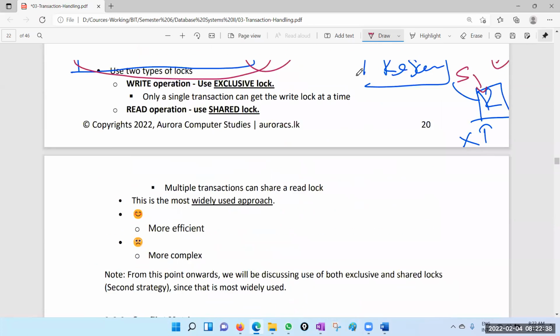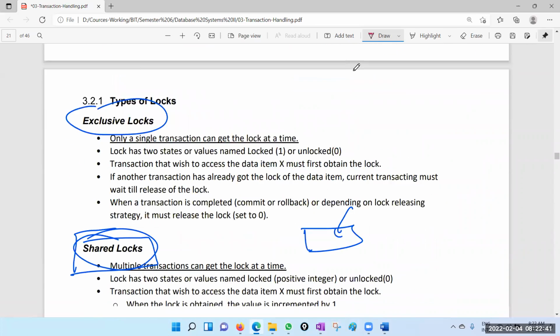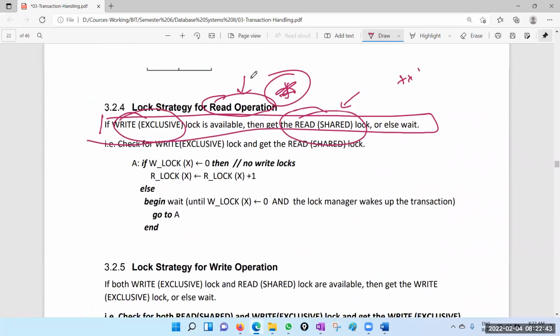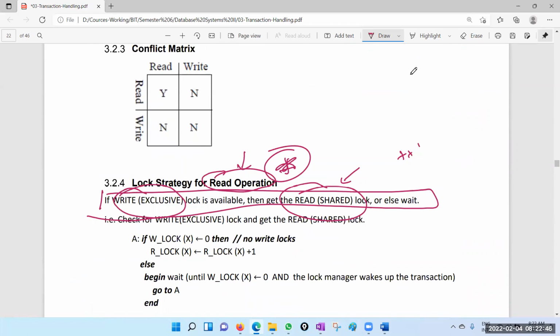So let's get back to this analogy, because you must know why it is happening like that. Take the washroom scenario. If a person has occupied it for that special write operation, you are not supposed to get in to do your read operations, like washing your hands and other things, because something private is happening.